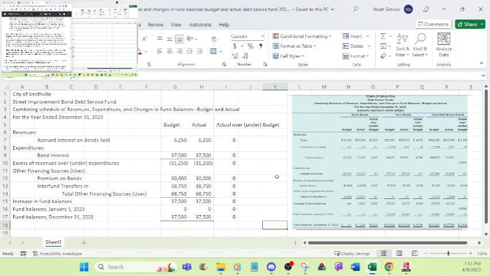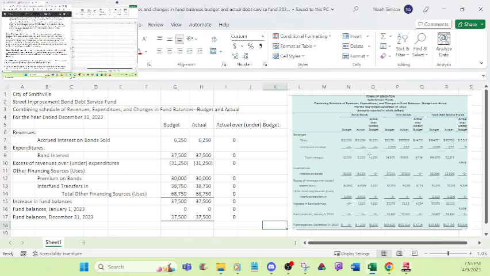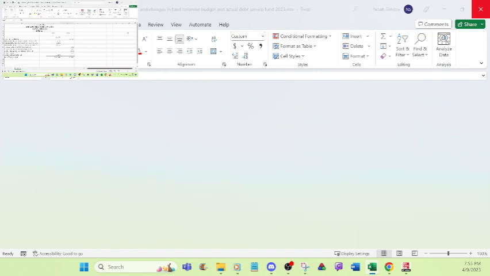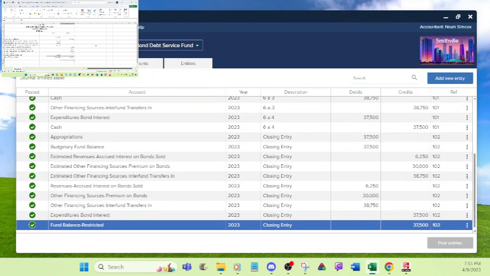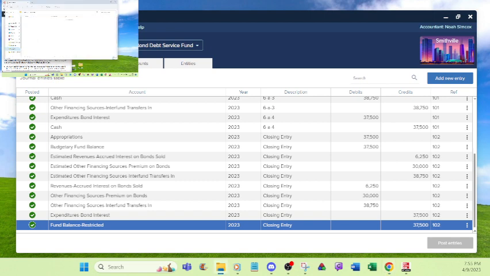Did I save this to the correct thing? Gosh, I always save it. Post-closing trial balance.